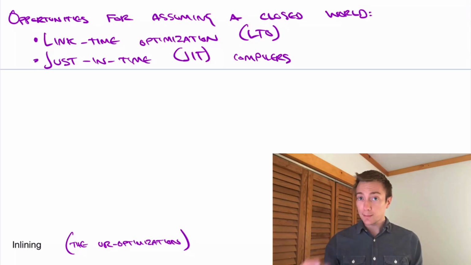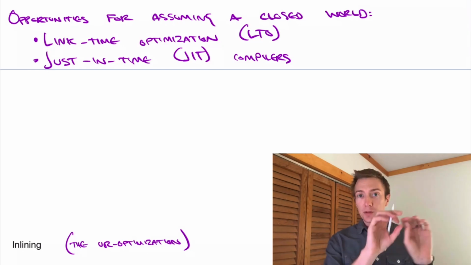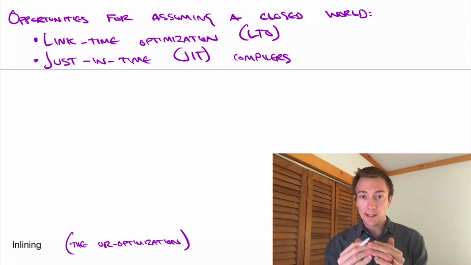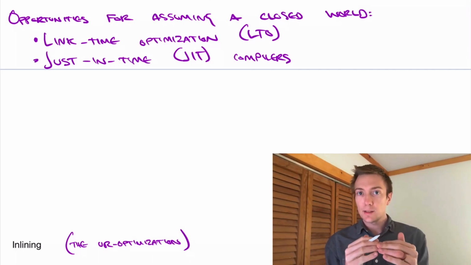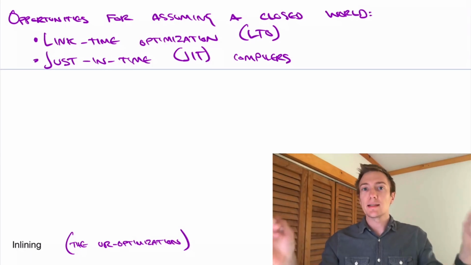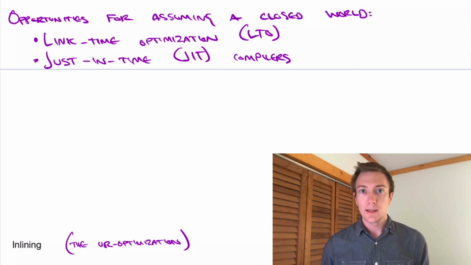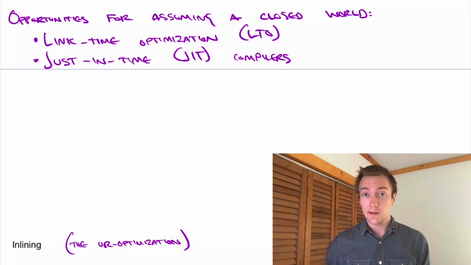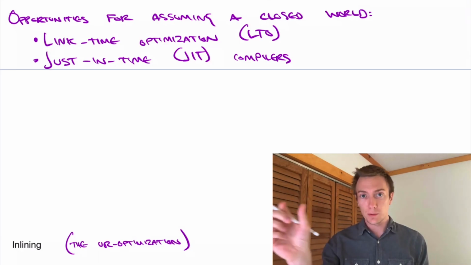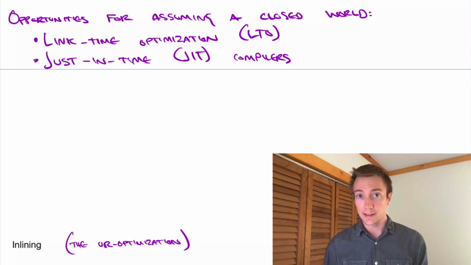LTO is a secondary optimization phase that happens in native code compilers after you've compiled all your, for example, .c files to .o files and are finally linking them all together. LTO is an opportunity to re-optimize the code after having optimized the individual files, now making a whole program assumption. That is, now that you get to see all the code that is going into the executable, you can make even more optimizations than you could with the open world assumption on the individual files.